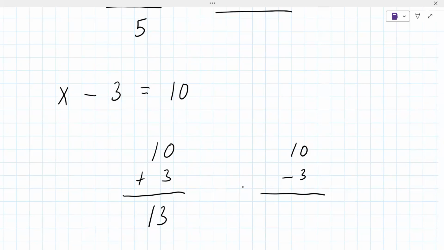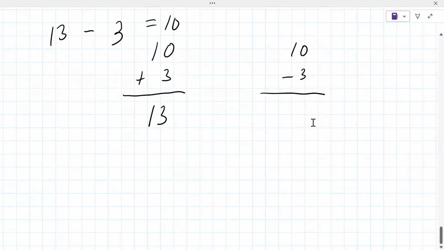Okay, 13. 13 - 3, is that 10? Yeah. Okay, good. Very good.